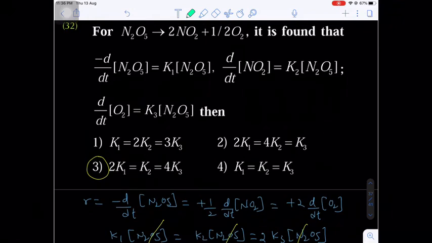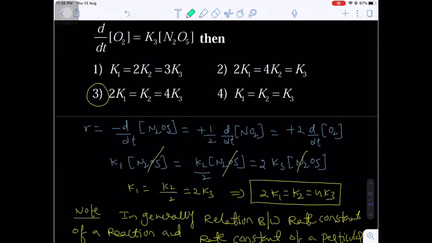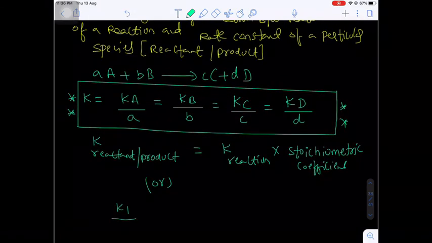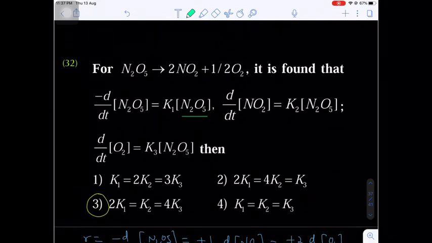You see. Now what is the rate constant given with respect to N2O5? K1 is given. What is the N2O5 stoichiometry? 1. So I am writing K1 by 1. Okay. What is the K2 rate constant corresponding to NO2?